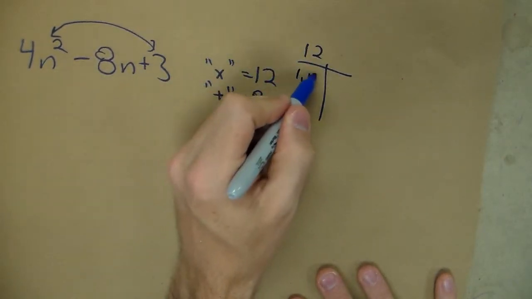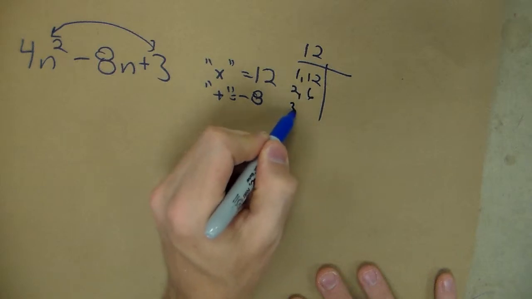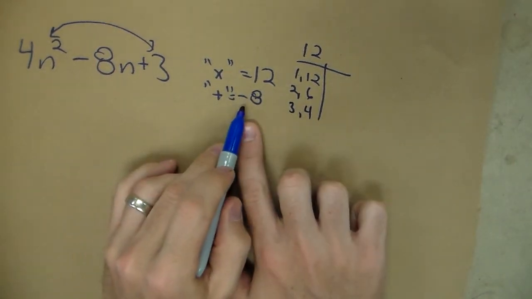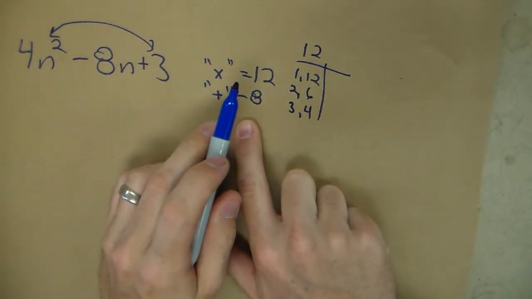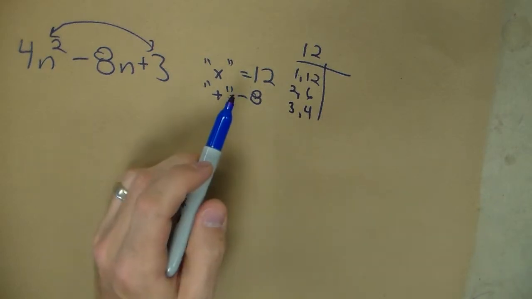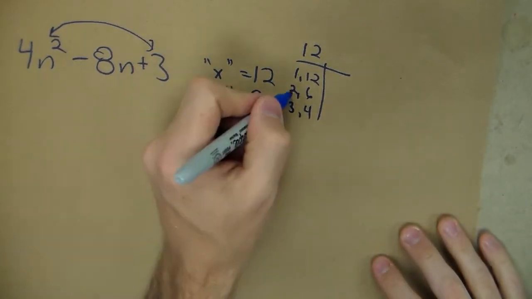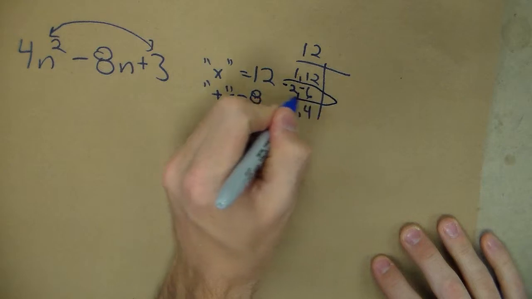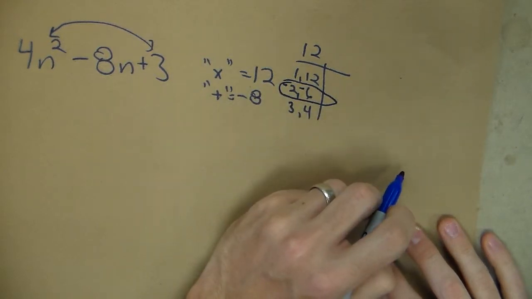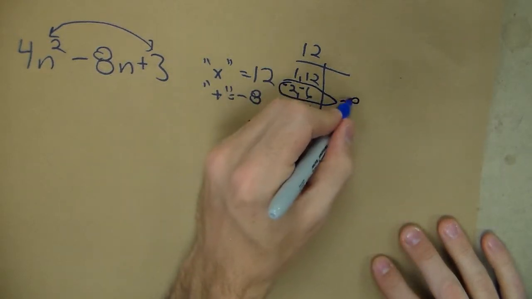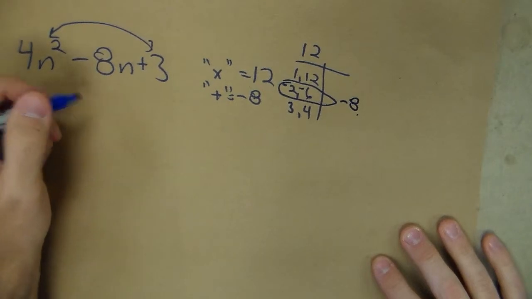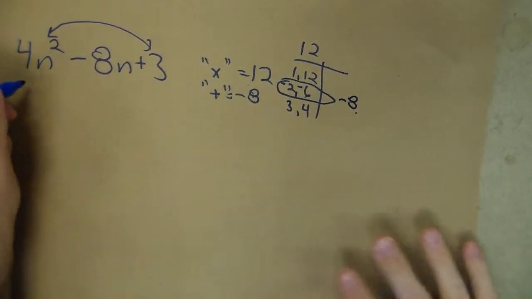Well, 12 is 1 and 12, 2 and 6, 3 and 4. I need a sum of negative 8, and it's a positive product. A positive product and a negative sum means they're both going to be negative. So if I did negative 2 and negative 6, that adds up to be negative 8, which is what I want. So superhuman strength, we break it apart.